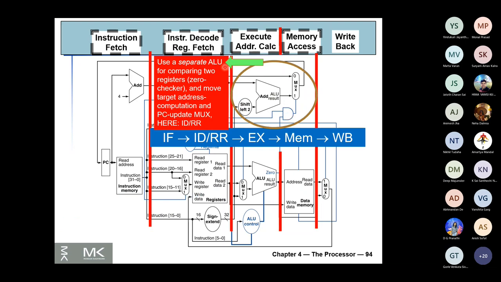And I can do even better: just move the whole thing, using a separate small ALU specifically for comparing the content of two registers. That essentially is the hardware for a zero checker. So we add an additional zero checking hardware and also this PC update hardware and move this entire part into this stage.